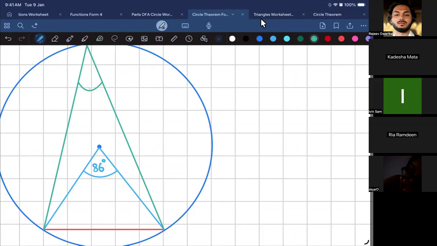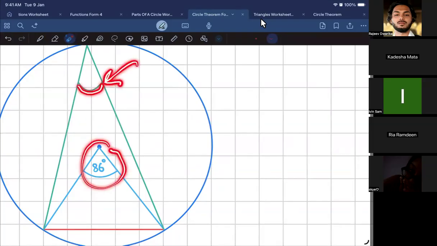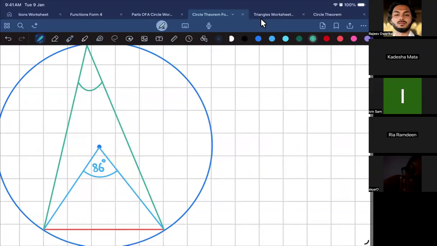No, no. Again, the angle at the center is 2 times the angle at the circumference. So if this is 86, then this angle would have to be half of 86. What's half of 86? 43, right?